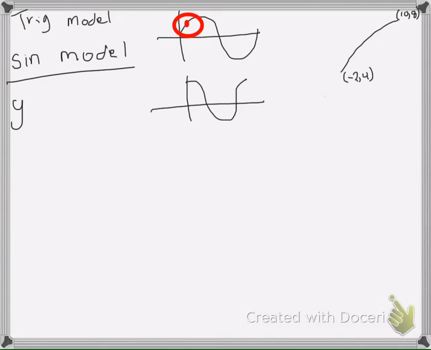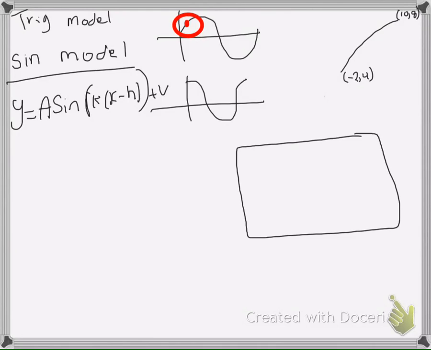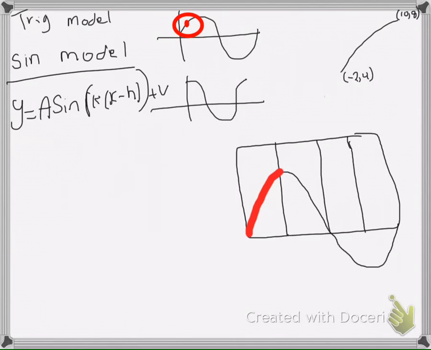The general formula of the sine model is y equals a, the amplitude, sine k, the scale factor, x minus h, plus v. The easiest way to do it is to draw your 4 by 1 grid, and then draw the sine in here. The part highlighted in red is the curve that you want to fit.